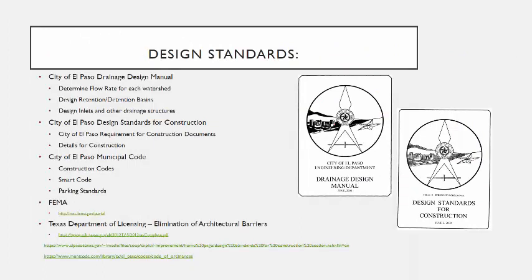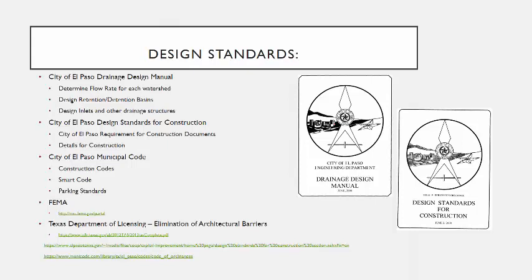There's 2 manuals from the City of El Paso that you must download. There's the City of El Paso Drainage Design Manual, and then there's the Design Standards for Construction. So those 2 are the ones you're going to be using. If you move to another city, they should have similar manuals.